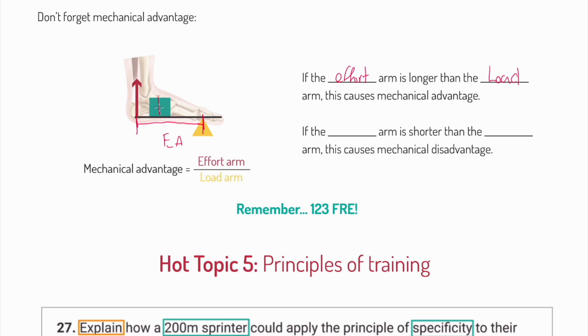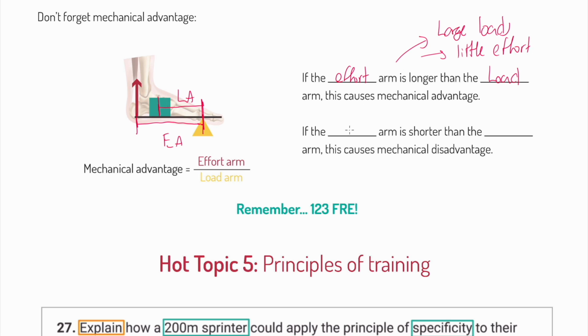And can you see how that effort arm is longer than this difference, which is the load arm? So the effort arm is longer than the load arm. It causes mechanical advantage. Okay, now that mechanical advantage, what it means for is this example here, we can do large loads. We can do large loads with little effort. So what a surprise that at the weight-bearing ankle we get mechanical advantage.